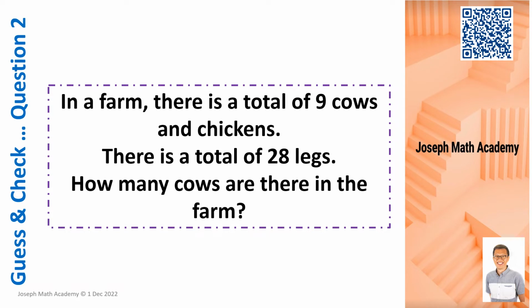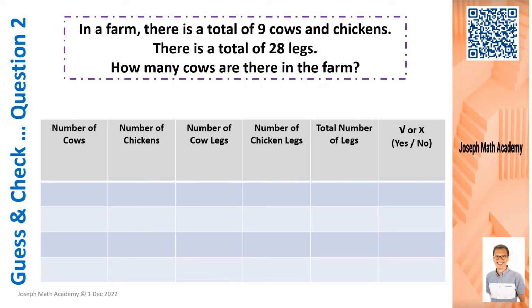Now, if this is the question, instead of a total of 8 animals, we have a total of 9 now. And of course, if the total is 9 animals, then the total number of legs must of course be more. So how are we going to do our first guess? Remember, what did we do?